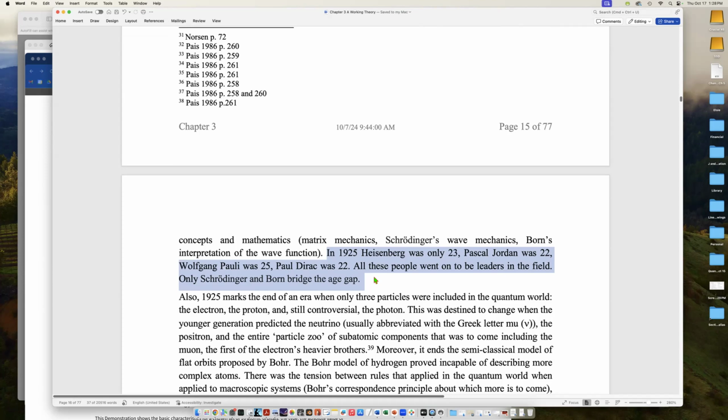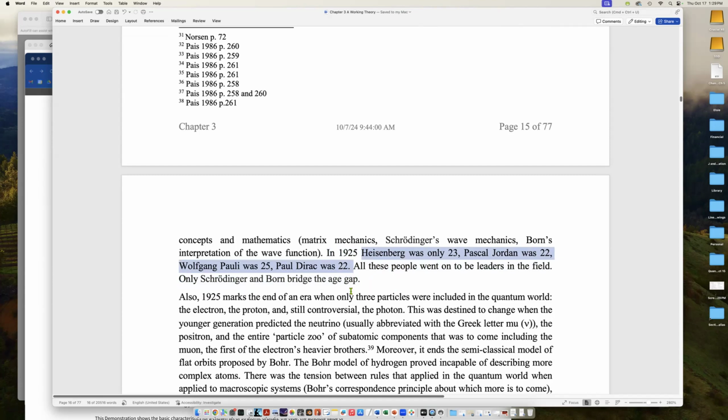In the prior two lectures, I've talked a lot about Einstein and Max Planck and so forth. They were trained in the 19th century in the classical physics that preceded quantum mechanics. By 1925, everybody was a young buck.